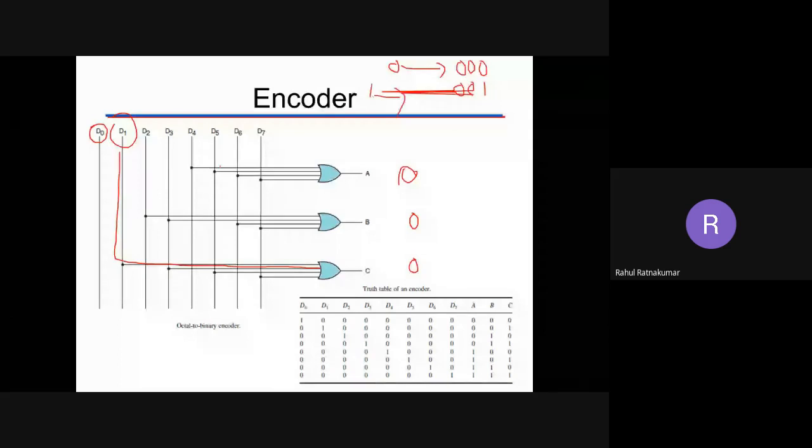Now what about 2? 2 goes to the value B, so 1, 0. So this is the coded version of 2. This is the coding till 7. What about 7? 7 is connected to all 3 gates, so this is 1, 1, 1. This is the coded version of 7. So this is an encoder. Whatever the input, the value is getting coded into binary or any other system.